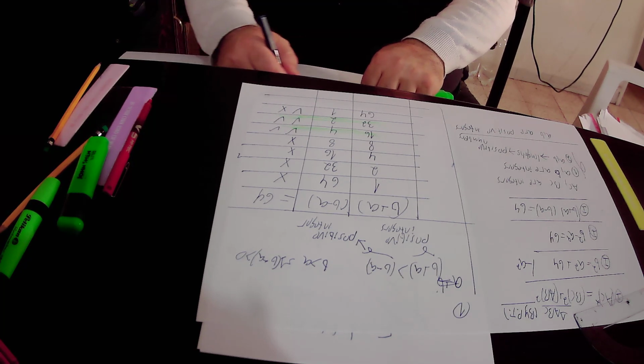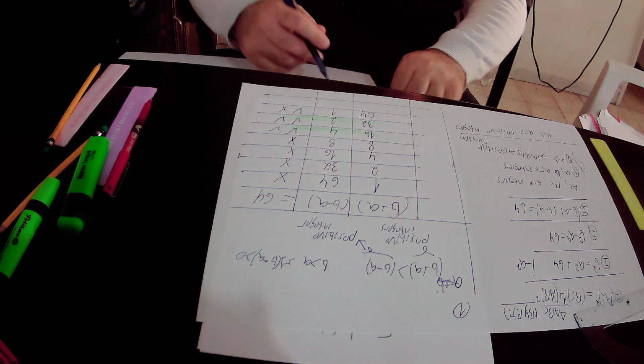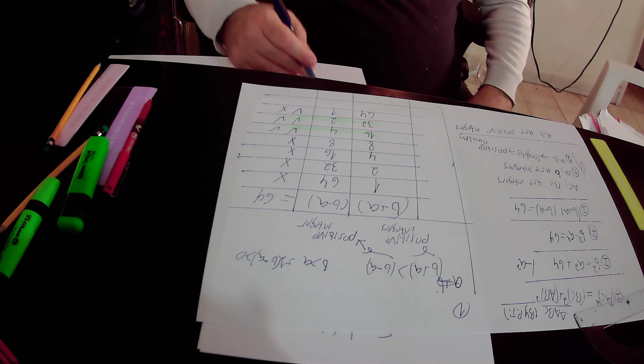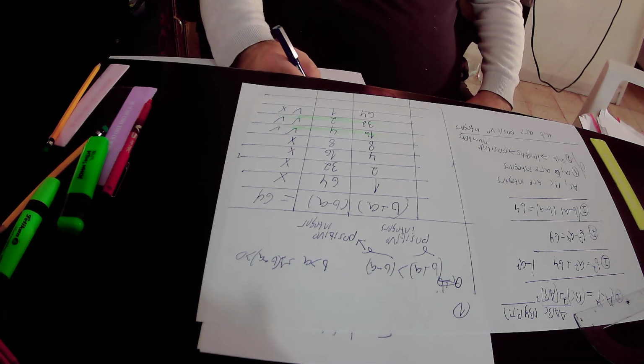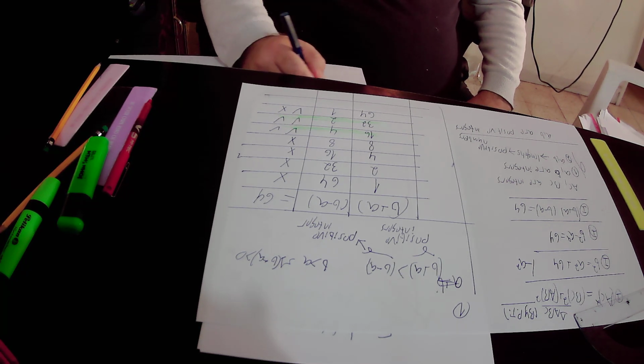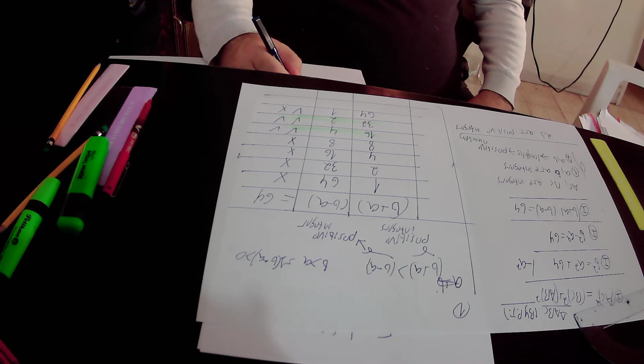Here I found out that according to the first option, b plus a equals 16, while b minus a equals 4.